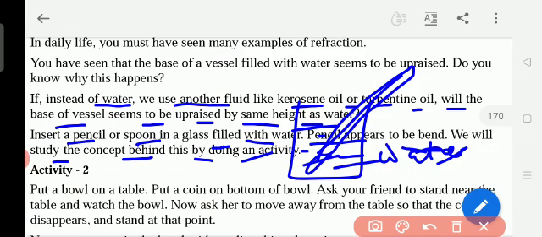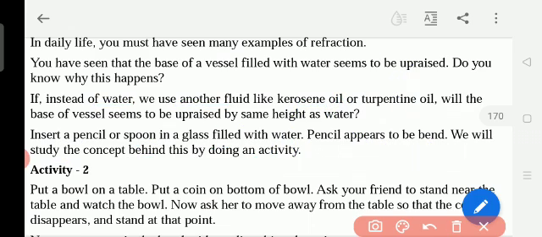Take a transparent glass and pour water in it. After pouring water, keep the pencil. You will see the pencil bending here and the size also increasing.